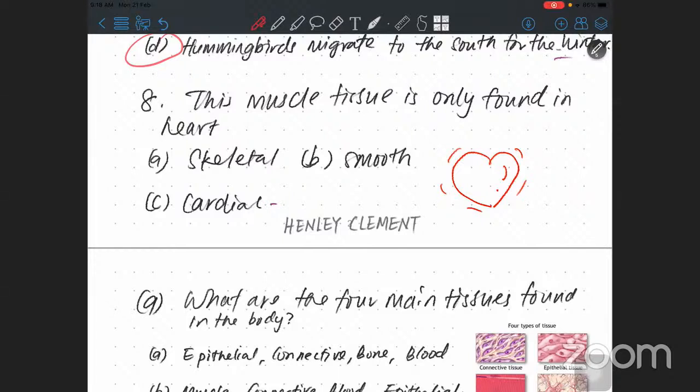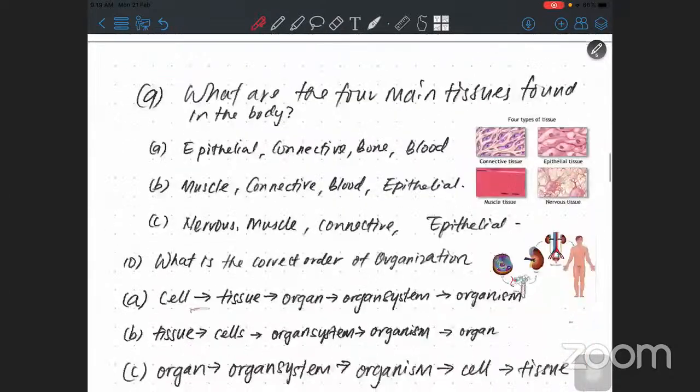Then you try to find the answer for the heart tissue. Is it skeletal, smooth, or cardiac? This tissue resists fatigue. So the answer will be cardiac. Next one.